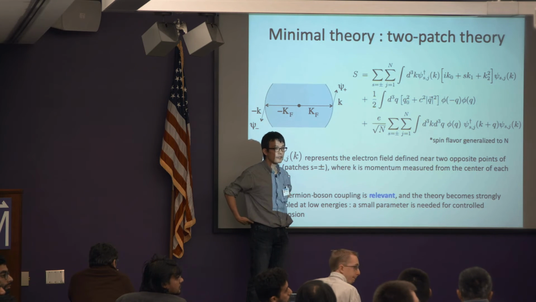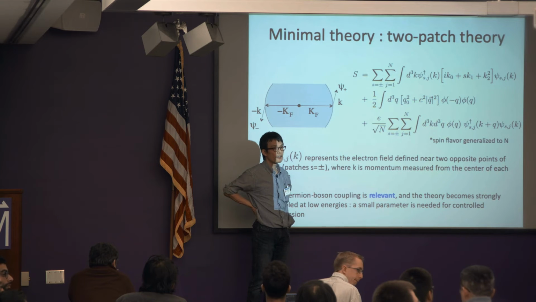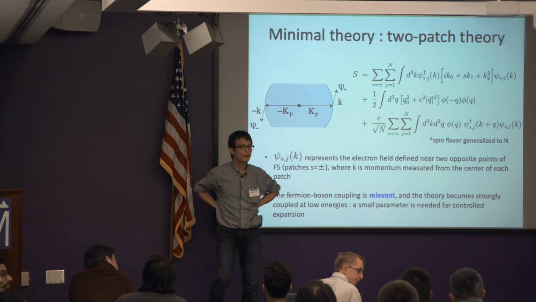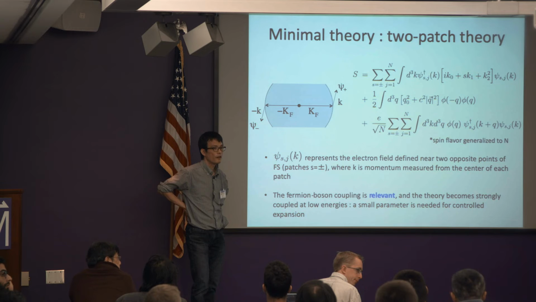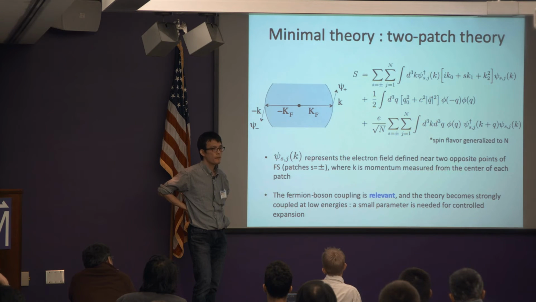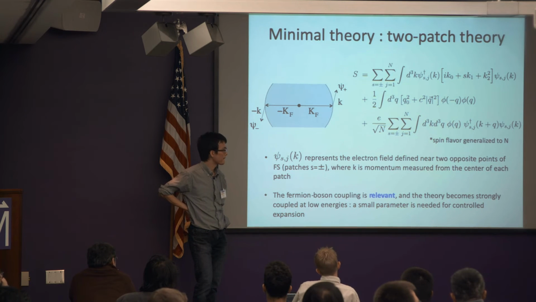Dimitri? I just wanted to make a connection to Ashford-Mermin types of physics. So the first two lines of the action would well describe coupling of fermions to regular acoustic phonons, right? Mm-hmm. You have linear dispersion of the bosons and the Fermi surface.